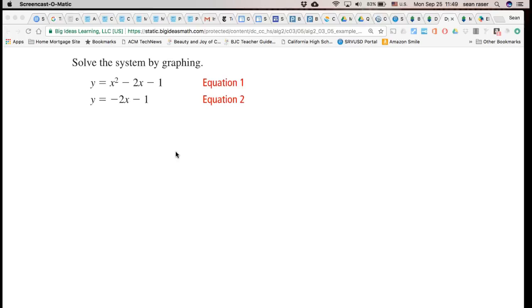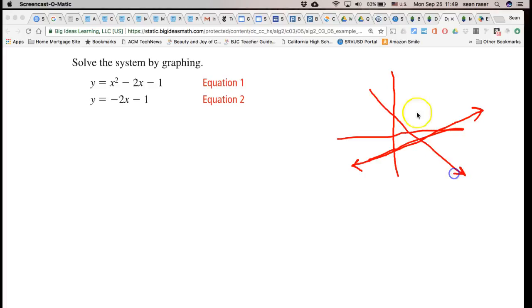So the first one we're going to check out is solving by graphing. Now, if you remember, in Algebra 1, when you solved by graphing, let's say this is one of your lines right here, and you had your other line right here. These are the graphs of your two lines.